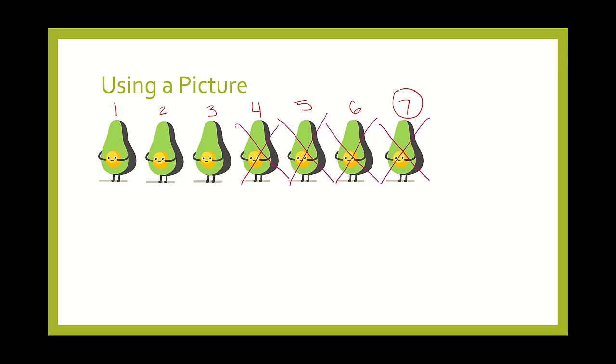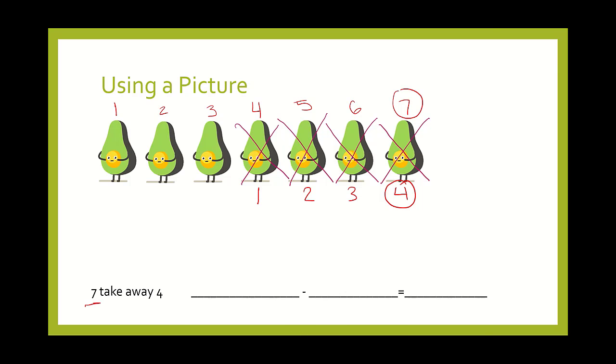And then we're going to count how many are crossed out. How many do we have that are leaving or going away? Let's count them. 1, 2, 3, 4. So we have 4 that are leaving or going away. So we can say the subtraction sentence, 7 take away 4.